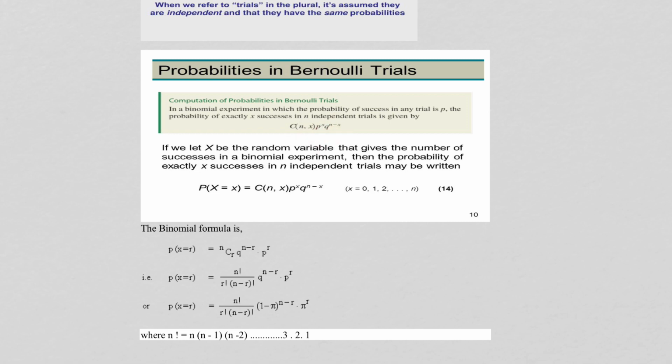N is going to be the number of trials. So if you're not really understanding what C stands for, remember computations. This is the computation right here, right? So that's what you can use.